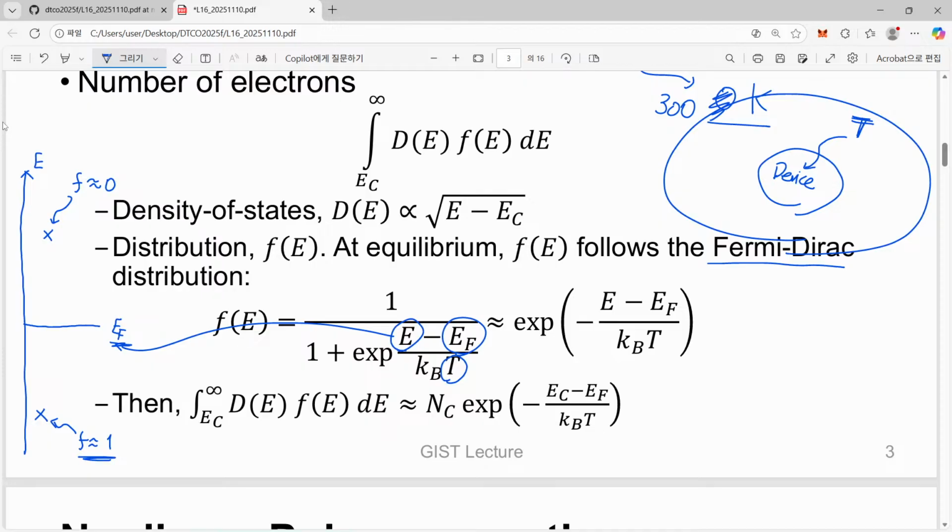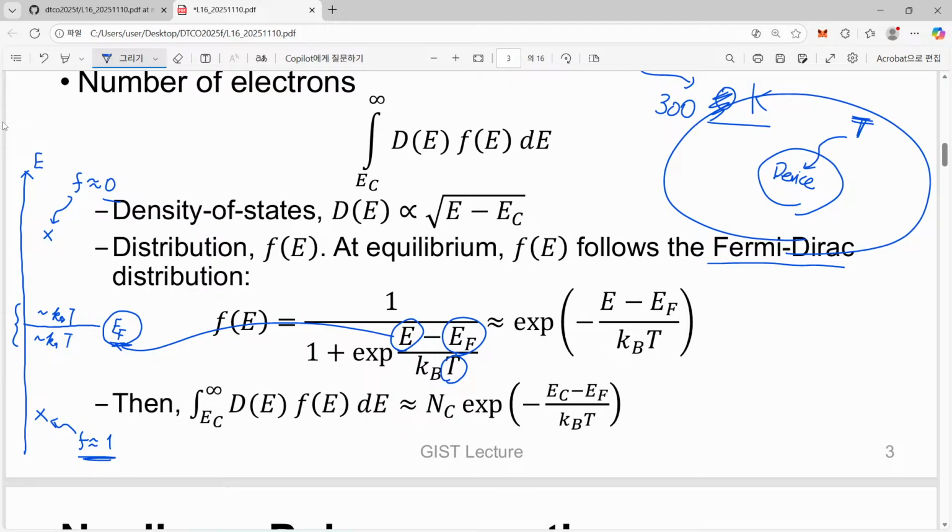Only within a few kBT around the Fermi level do we have deviation from these two extreme values, 0 and 1. Here we have a smooth transition from 1 to 0. So anyway, this is the result of thermal equilibrium.